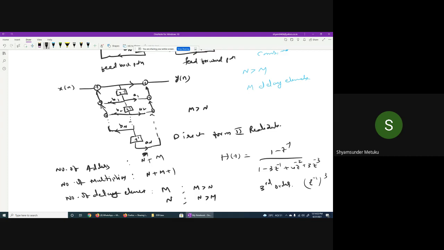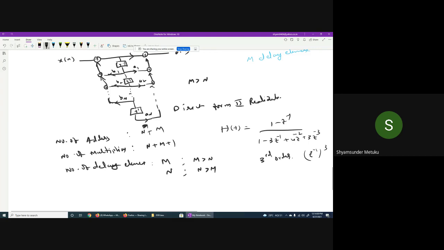What is the maximum power between the numerator and denominator? 3. So can I say third order? The number of delay elements depends on the order of this transfer function. So whenever the number of delay elements is equal to the order of the system, we call the structure a canonic structure. Is that clear?